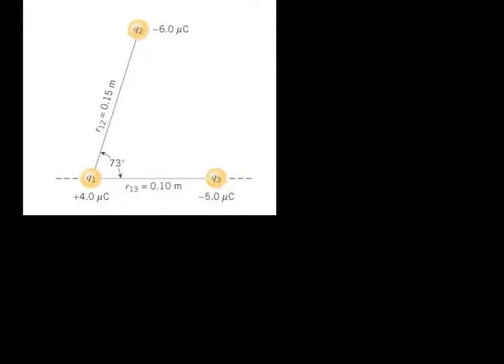I'm going to include the drawing because that's far too much to try to remember. So let's start with the force between the 4 microcoulomb charge and the 6 microcoulomb charge. We're just going to calculate the magnitude of the force. The direction doesn't matter right now. Again, our formula F equals K Q1 Q2 over R squared, and we're going to fill in the numbers.